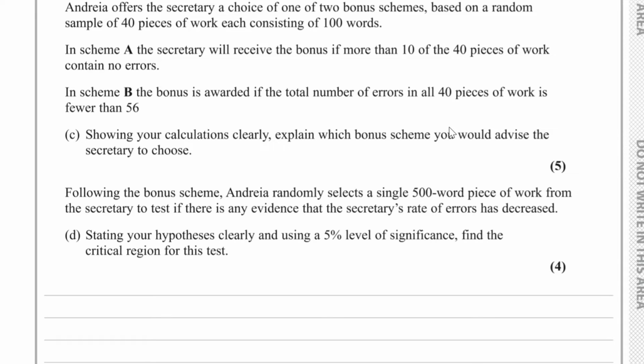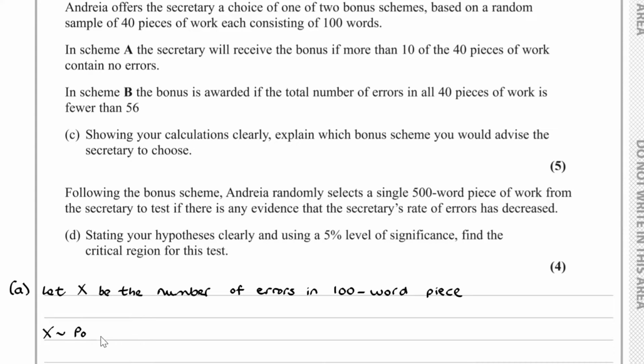So if we let x be the number of errors in the 100 word piece, so let's just write this down for part A. If we let the random variable x be the number of errors in 100 word piece, then we can model this with a Poisson distribution with parameter 1.7.